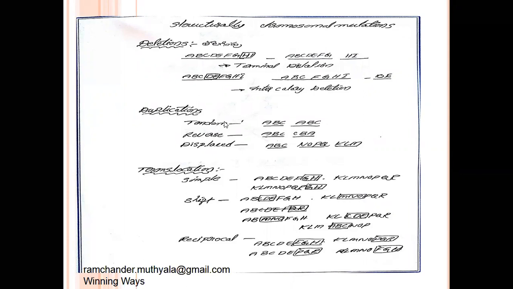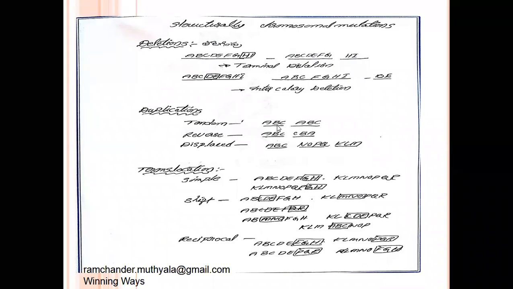Tandem duplication: a normal chromosome contains only the genes ABC. Here the ABC genes are repeatedly formed: ABC, ABC, ABC, ABC. With this arrangement, chromosome size will be increased.